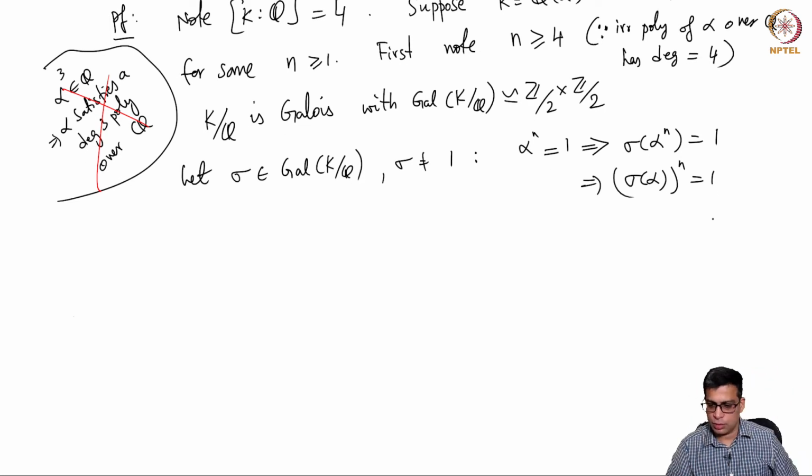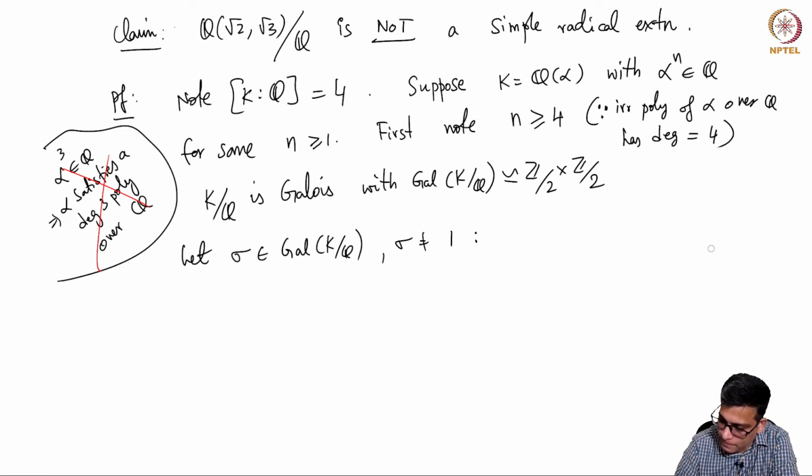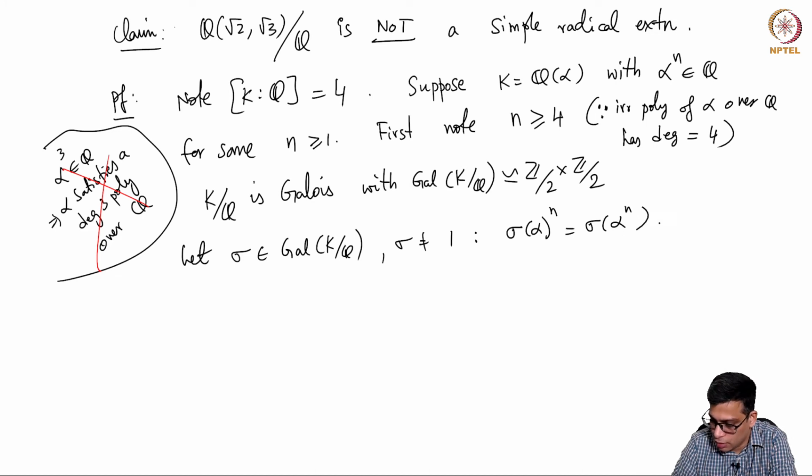So, sorry, so this is not correct. Alpha power n is in Q. Yeah, so I have to be careful here. So what I really want to say is that sigma alpha whole power n is sigma of alpha power n.